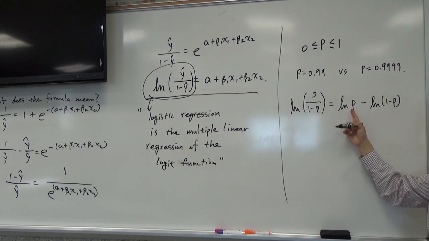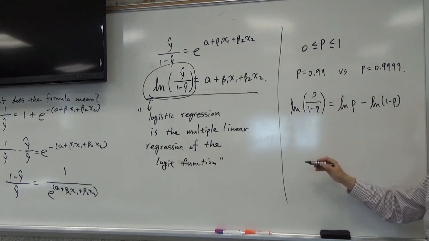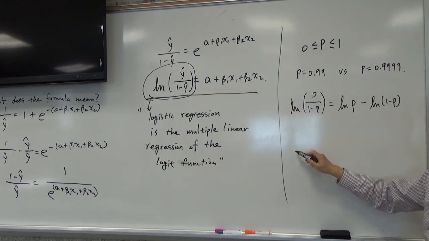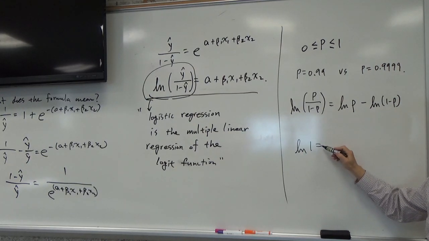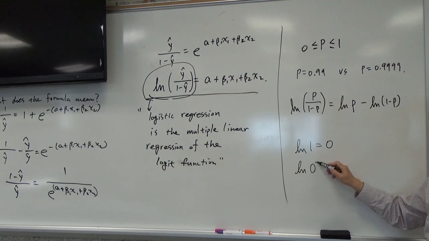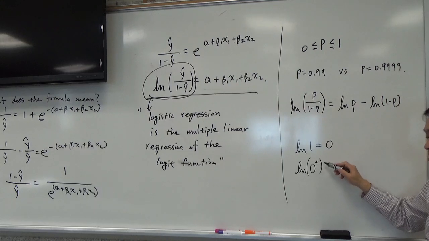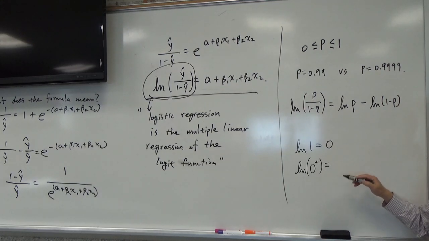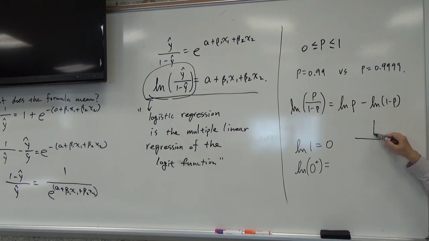When p is close to 0, what is... Let me see if you remember ln well. ln of 1 is? 0. ln of 0 plus... What's the graph of log? It's like that, right? So if you go close to 0, what's happening to the value of the log? Negative infinity. It's going down to negative infinity.